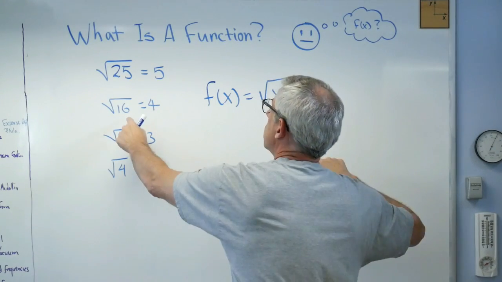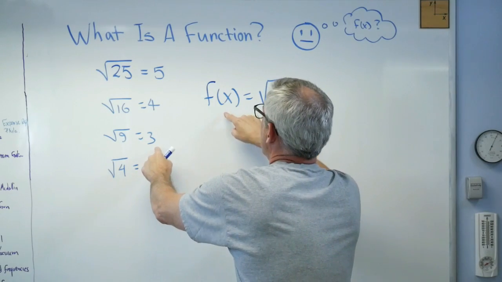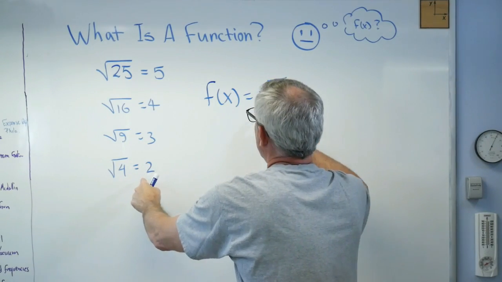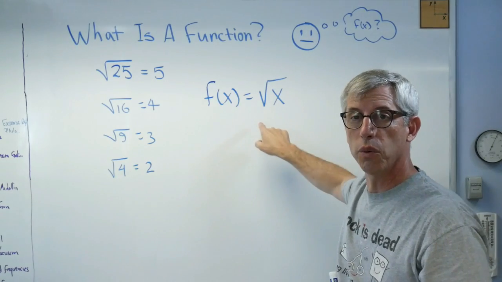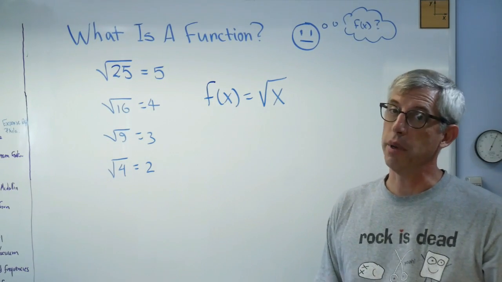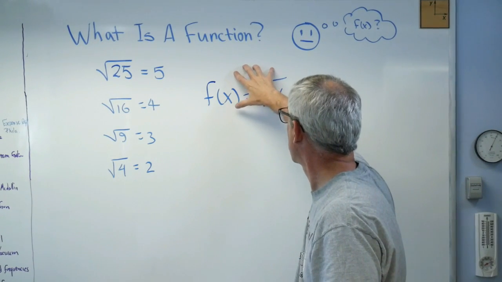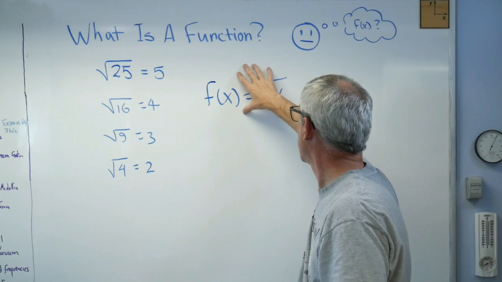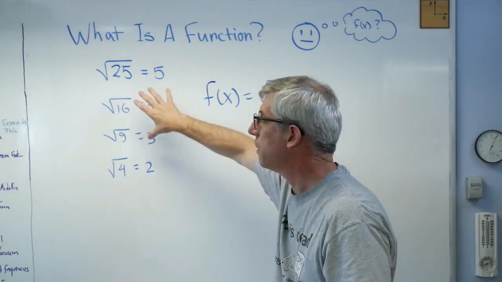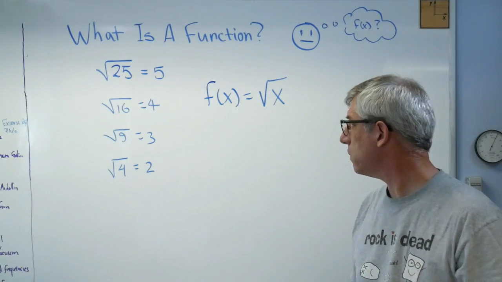If I put 16 in, I get 4 out. If I put 9 in, I get 3 out. If I put 4 in, I get 2 out. This works for all numbers. This is more general. It's an abstraction. That means it's more powerful. This is a much more applicable idea than this is, even though they work on the same principle.